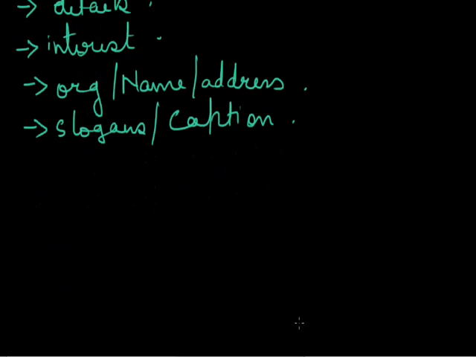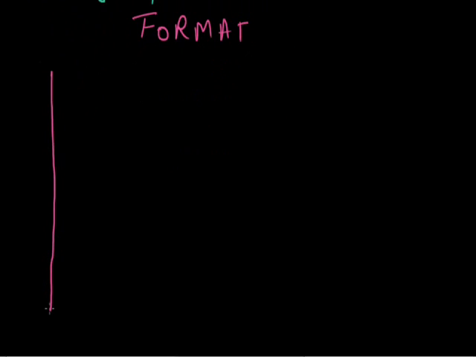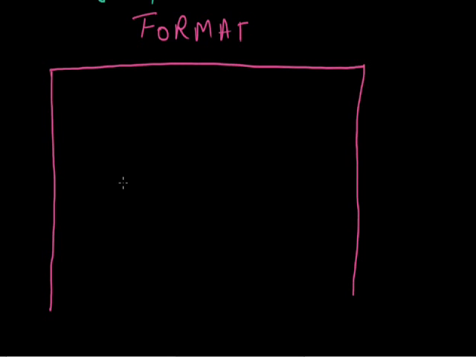Now, making the format of a poster. If you're making a poster, it should be framed in a square box with lots of visuals, pictures, and with the right color to be used so that it can look attractive. Now, this is the box framed.